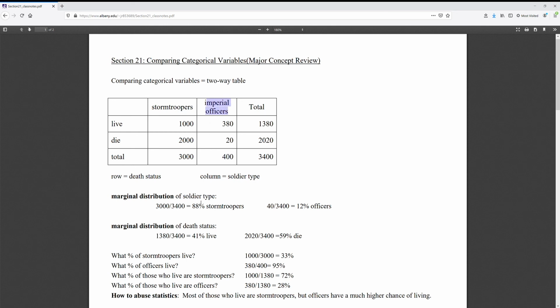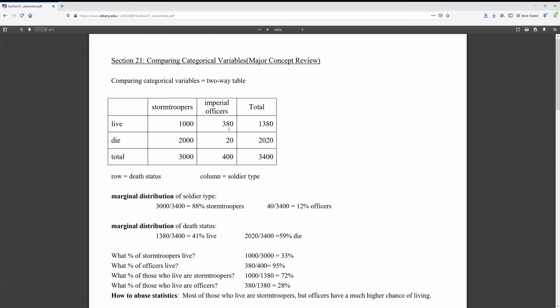Now again, for a categorical variable, every individual falls into exactly one category. So of the 3,400 total individuals, 3,000 of them are stormtroopers, 400 are imperial officers. In other words, these two have to add up to the total.